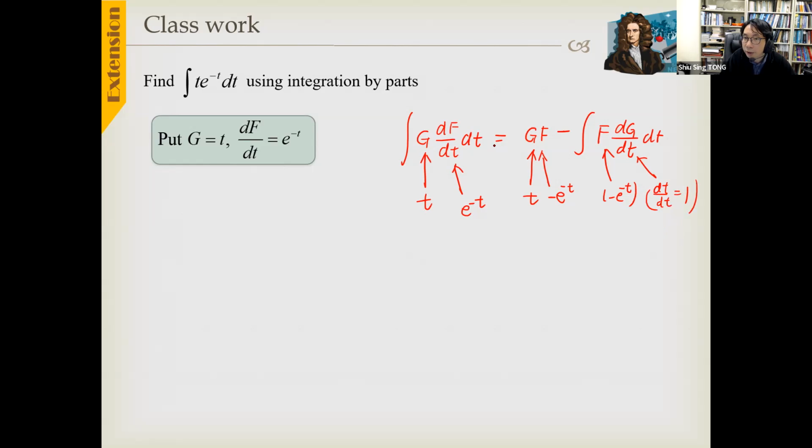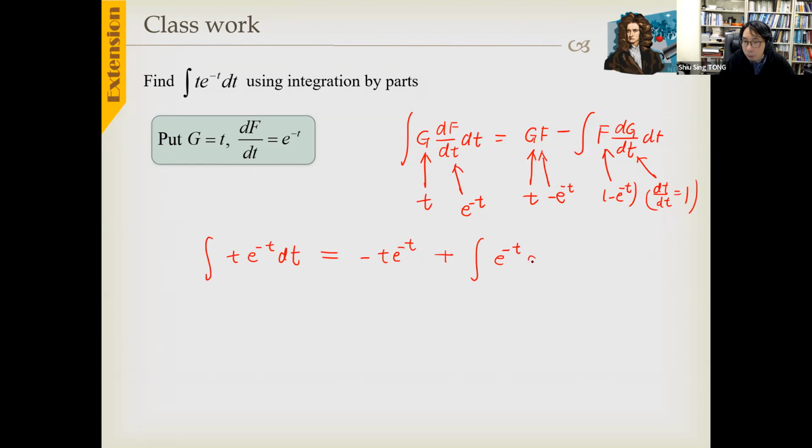So I put all the things back into this equation. And I will have this integral equal to minus t e to the power minus t. Sorry. The minus sign here cancels with this minus sign, so I have a plus sign here. Well, this goes as e to the power minus t.